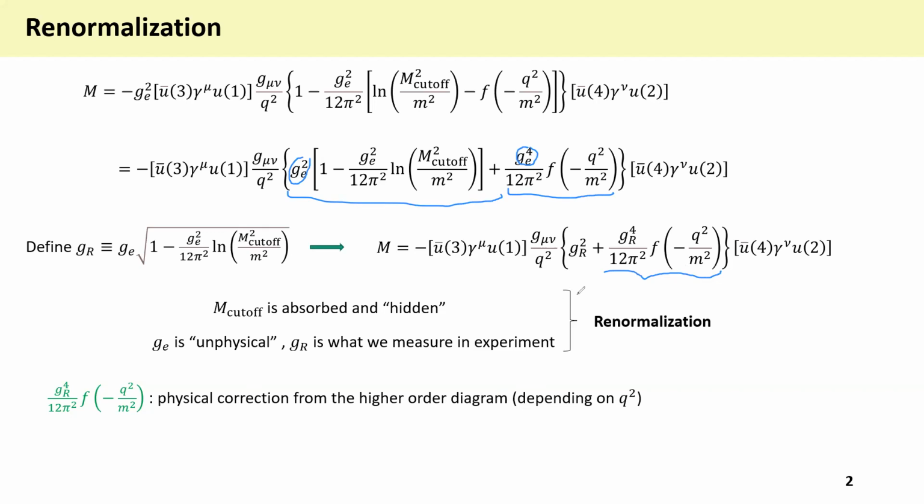By renormalization, we simply absorb these infinities into the renormalized coupling constant, and then we say that this is what we measure, and we are left with this true correction from the higher-order diagrams.